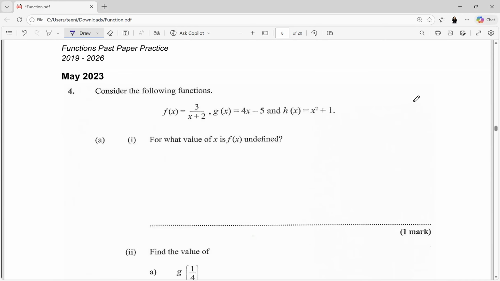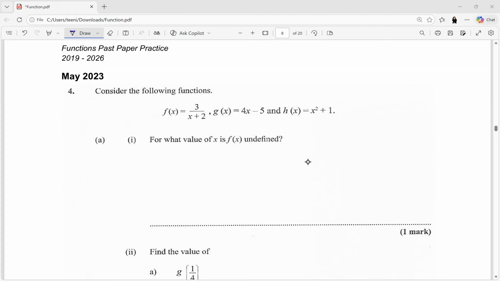Tristan, are you still there? Yeah, miss. What would be the domain restriction here? For what value of x would this function be undefined? It's -2, right? Because in the denominator here, you have x plus 2.